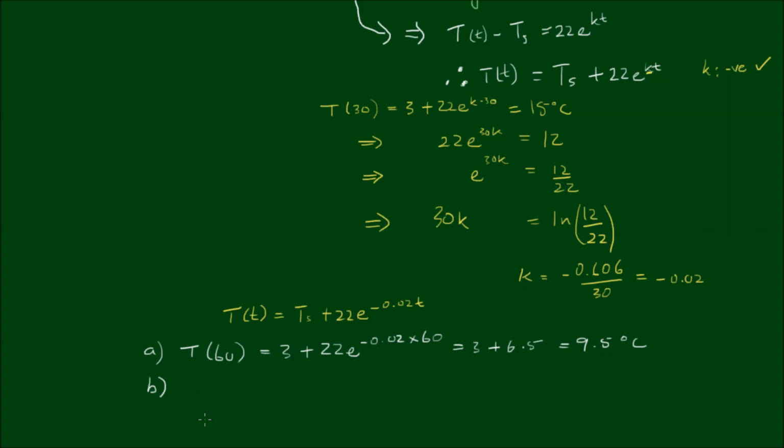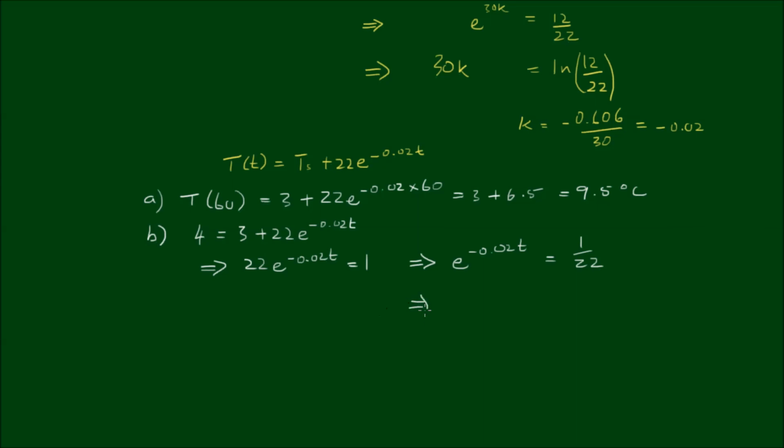Part B asks us, what is the time when the temperature finally reaches 4 degrees? So we want 4 equals 3 plus 22 times e to the power of negative 0.02t, and we want to solve for little t. So this becomes 22 e to the negative 0.02t equals 1, which becomes e to the negative 0.02t equals 1 on 22.